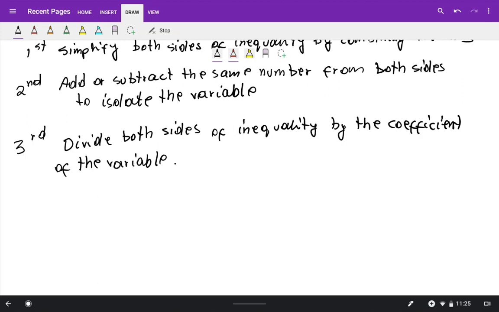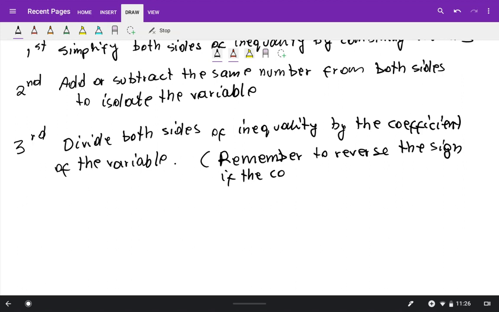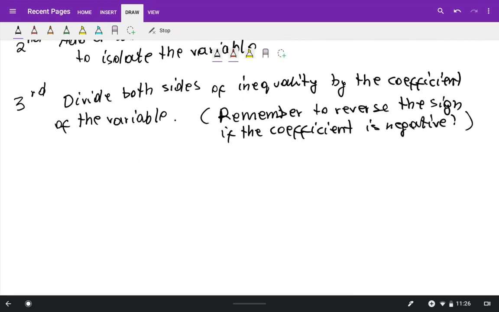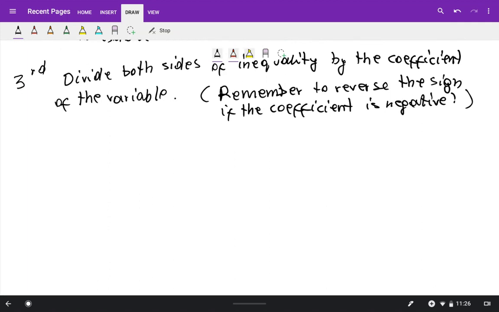And of course, remember to reverse the sign if the coefficient is negative. That's the only time when we reverse the inequality. So that's 3 steps.